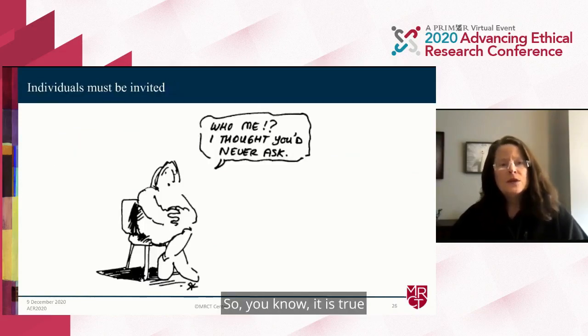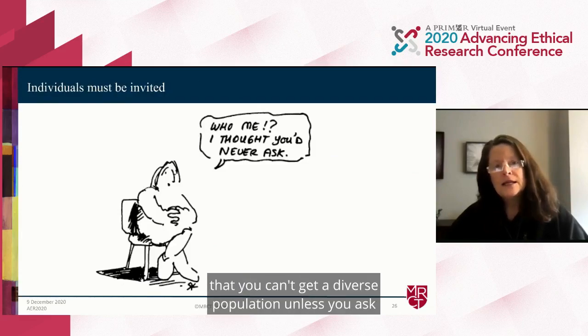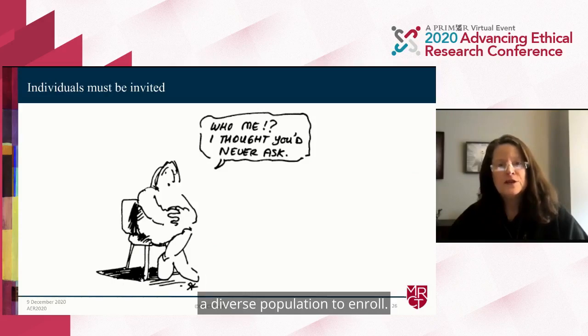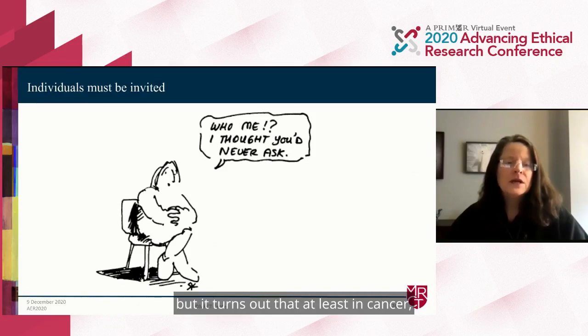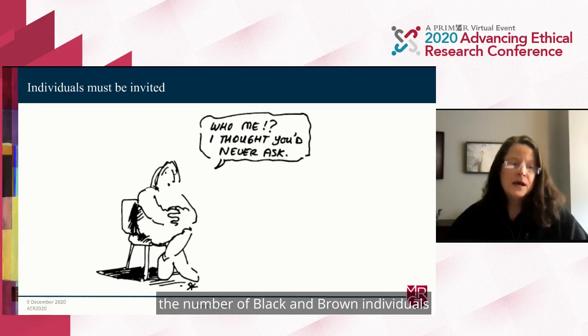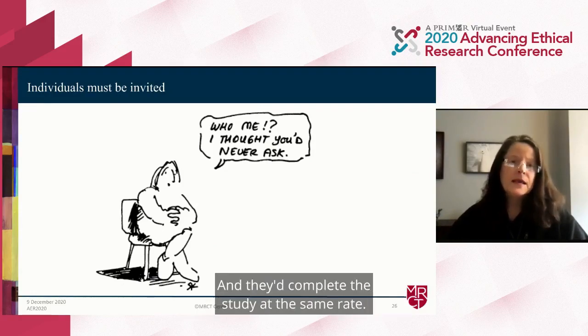So, it is true that you can't get a diverse population unless you ask a diverse population to enroll. And there is often the perception that Black and Brown and others will not say yes if asked, but it turns out that at least in cancer, which is where it's been well studied, the number of Black and Brown individuals that agree to participate is, as a rate, the same as white people, and they complete the study at the same rate.